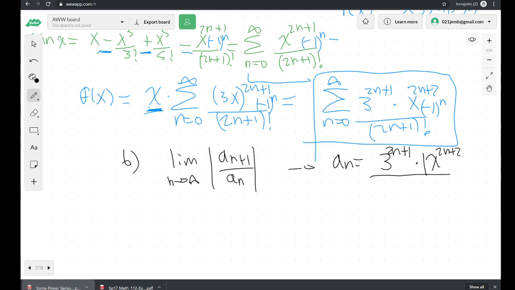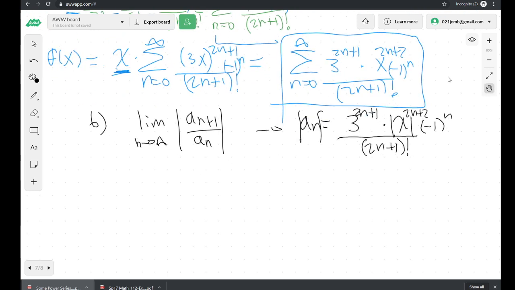Okay, an absolute value, right? Because this is the absolute value of a sub n. And then times the alternator, negative 1 to the n, divided by 2n plus 1 factorial. Okay, so now we can go ahead and evaluate the limit of the ratio test.